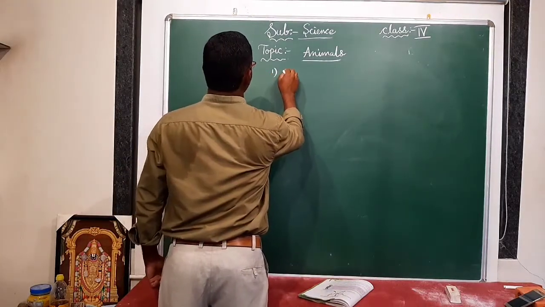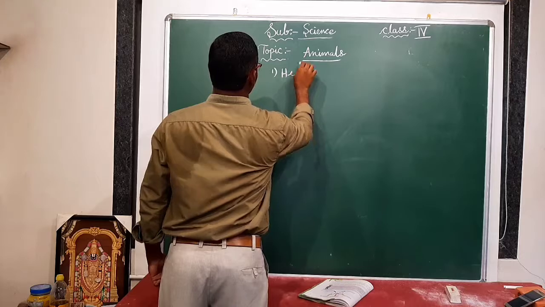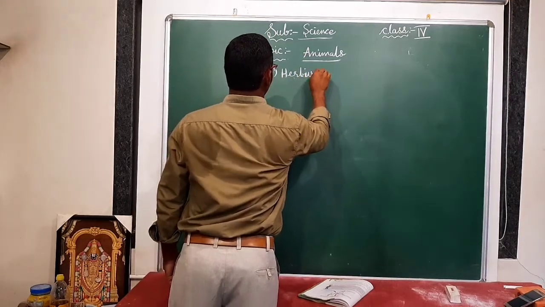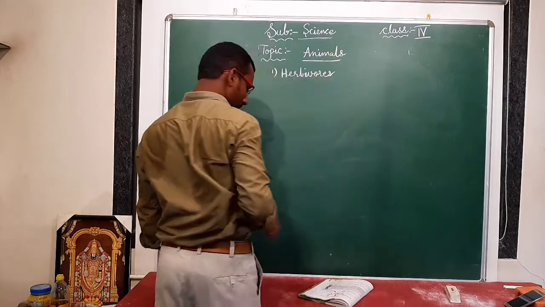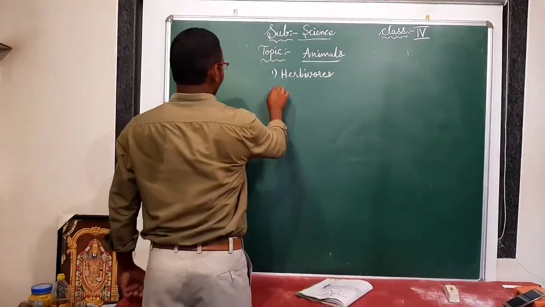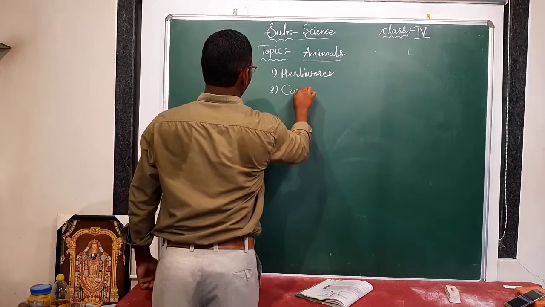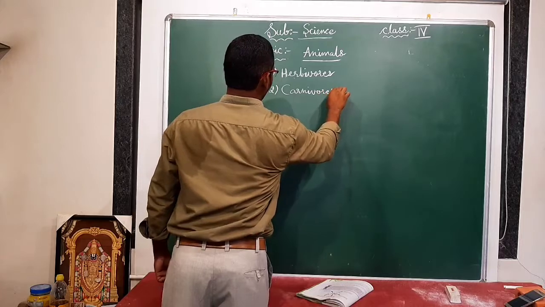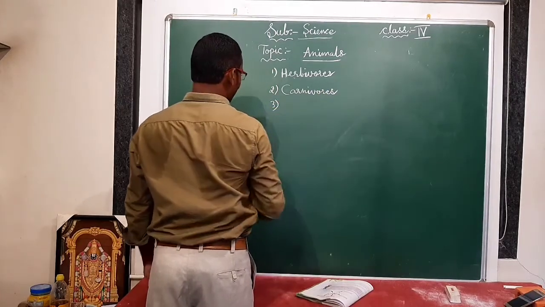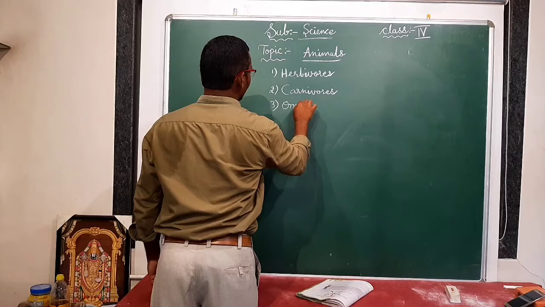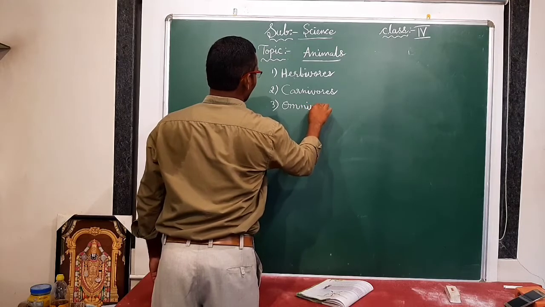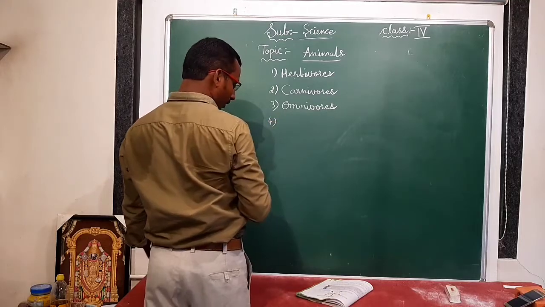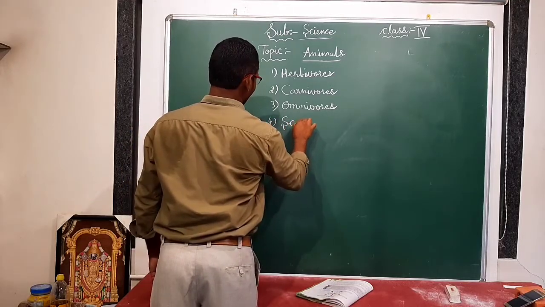First one is herbivores. Second one is carnivores. Third one is omnivores. Fourth one is scavengers.